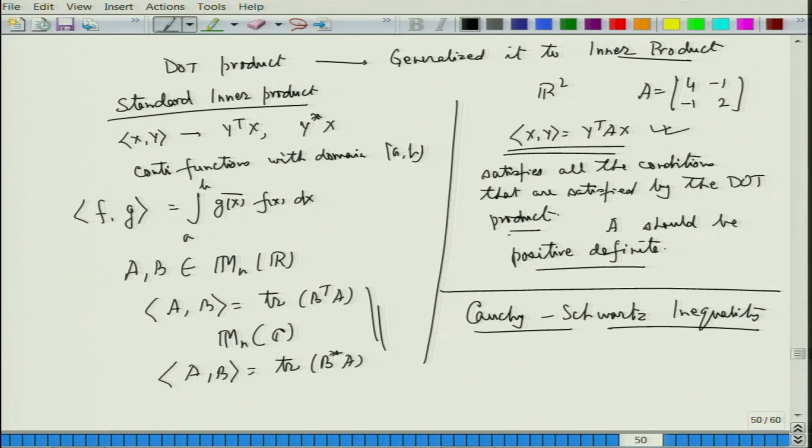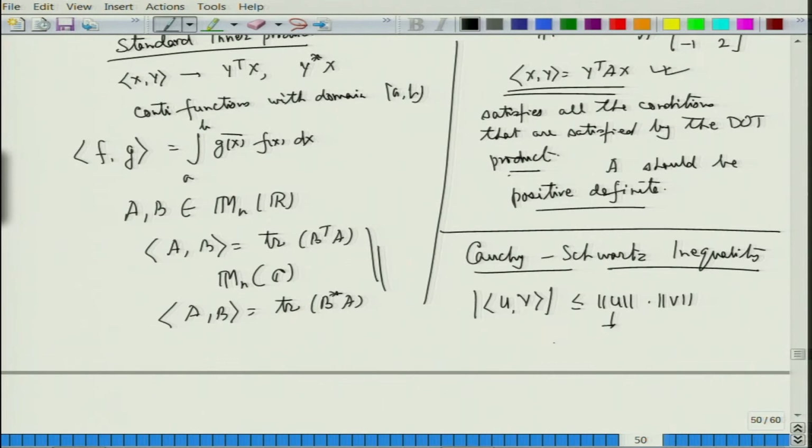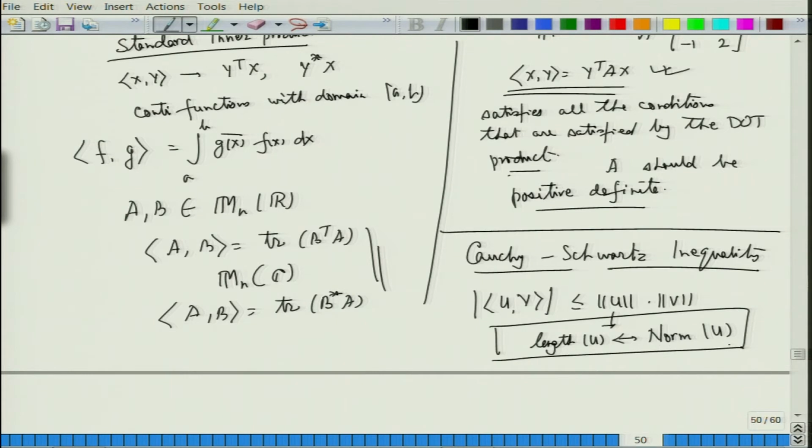And what is that inequality? Look at u and v, two vectors, look at the absolute value of their inner product. This is less than or equal to length of u into length of v. I am using the word length, but basically we talk in terms of what is called the norm of u. At every stage it is called the norm.